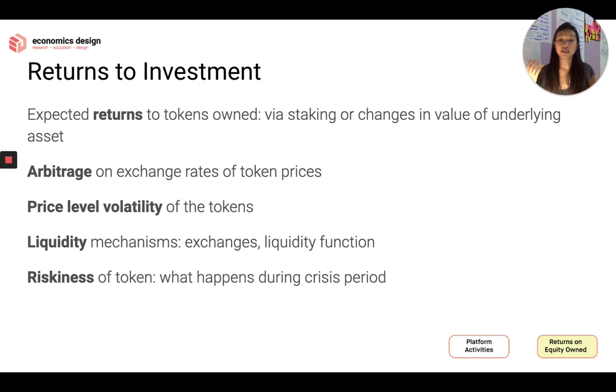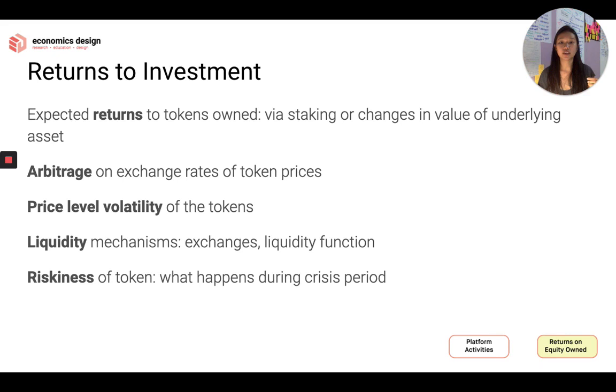If the price level is less volatile, you feel safer, and people want to join the ecosystem more, and that could be a way to measure your returns. Same with riskiness. With riskiness, we also want to consider what happens during a crisis period. Maybe the token is very risky, and if anything happens in the real world, suddenly everyone takes their tokens away, or everyone liquidates their tokens, and suddenly the token has zero value. So that's also something to consider.